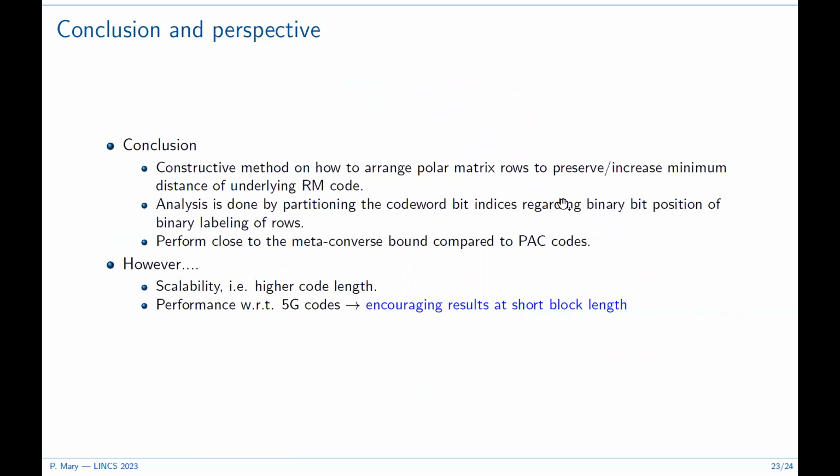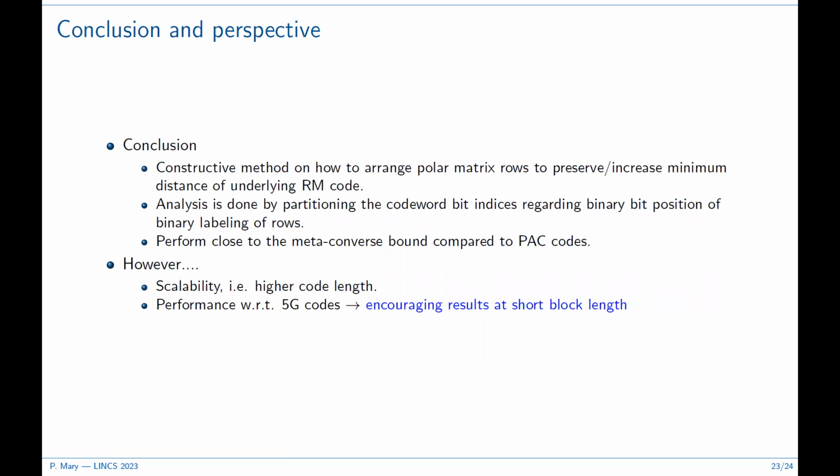Okay, so this is time to conclude. In this work, we propose the constructive method to modify the polar encoding, to precode the polar code in order to preserve or increase. It depends. We have another paper in ICC 2022 that was to increase the minimum distance instead of adding additional bits, so to shape the minimum distance of the underlying Reed-Muller code.